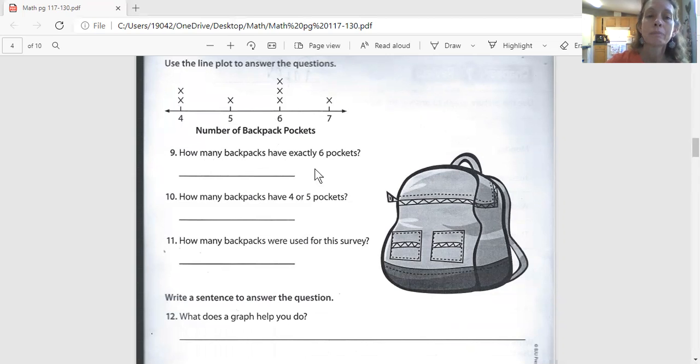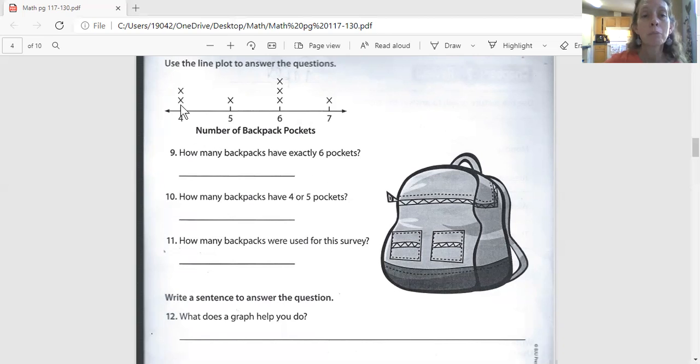And it says, how many backpacks have 4 or 5 pockets? Do I use this as addition or subtraction? Rylan, what do you think? I need to find how many have 4, but I also need to find out how many have 5.